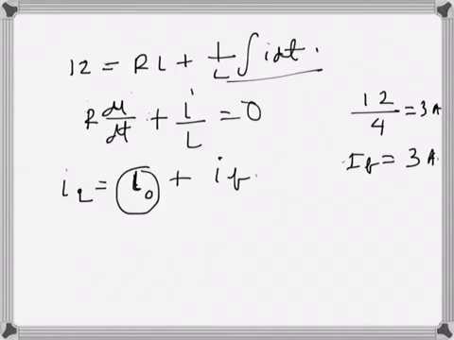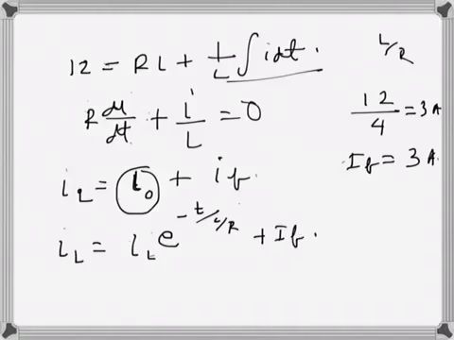Now this one we know from this differential equation, so this current will become I transient, e to the power minus t over L over R, because time constant is L over R, and this part remains as IF. So this is IT e to the power minus Rt over L plus IF.